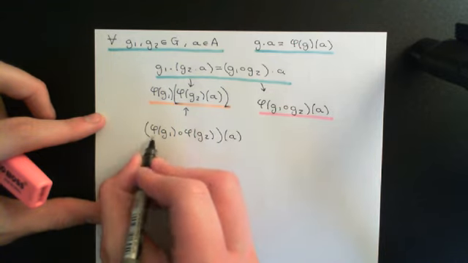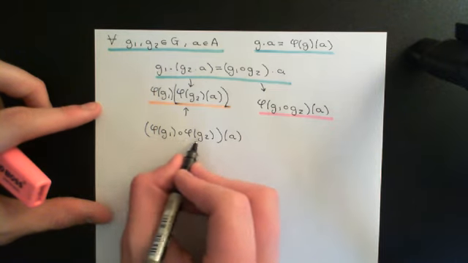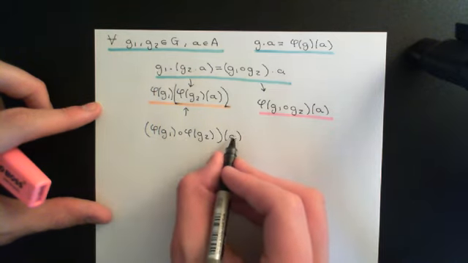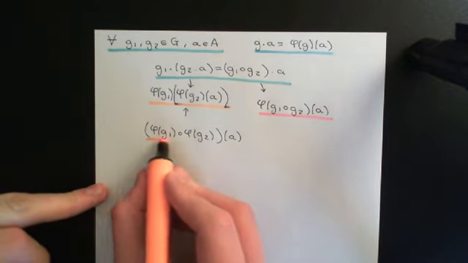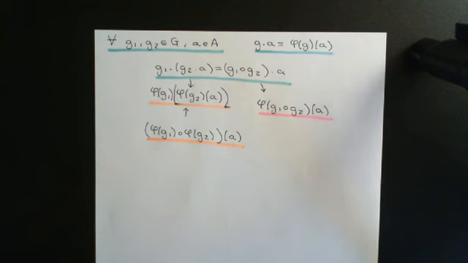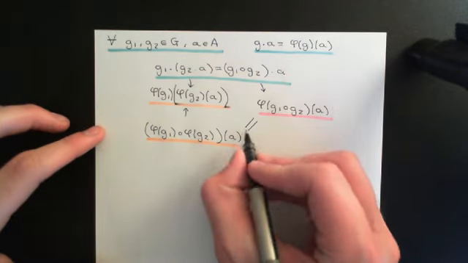So you've composed these two set permutations together in the symmetric group on the set A, and you're now acting the answer on the set A. Composition in the symmetric group on the set A just refers to composition of the associated set permutations. That's why these two sides are equal to one another.